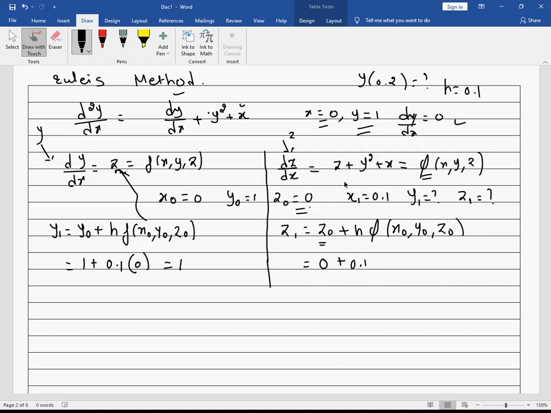Now phi function is my z plus y square plus x. So my z value is 0, y value is 1 square, and x0 is also 0 plus 0. So this gives me z1 as 0.1.